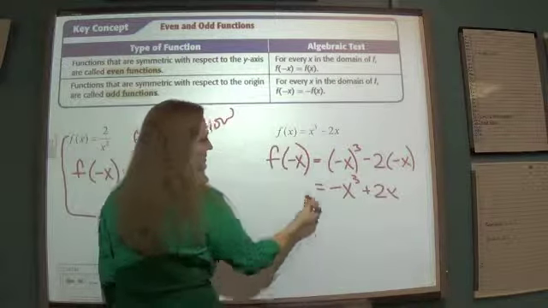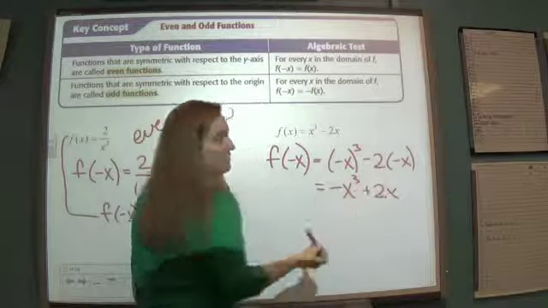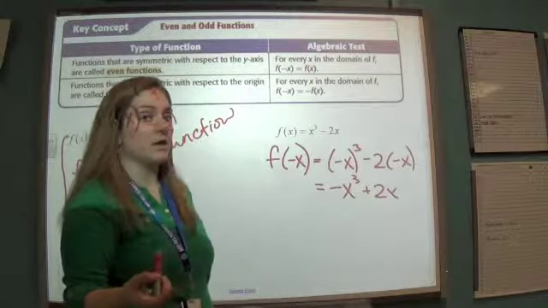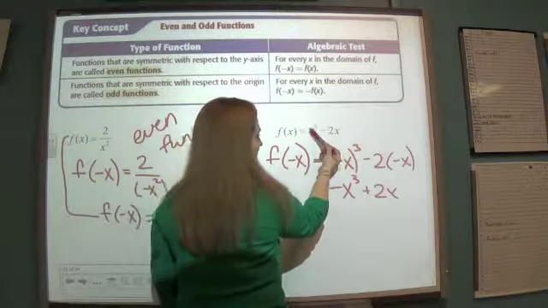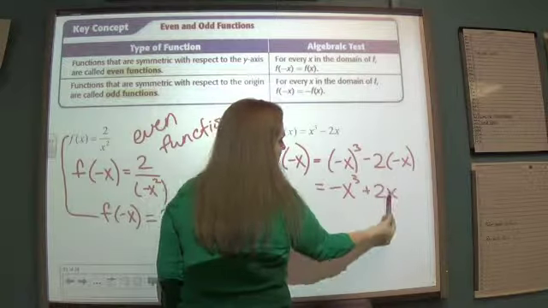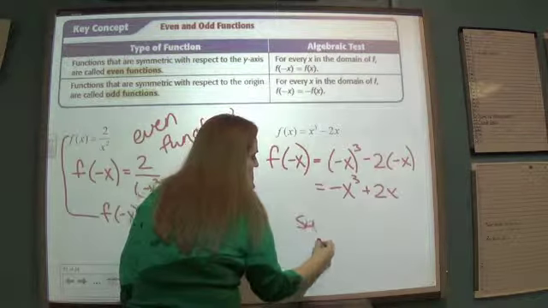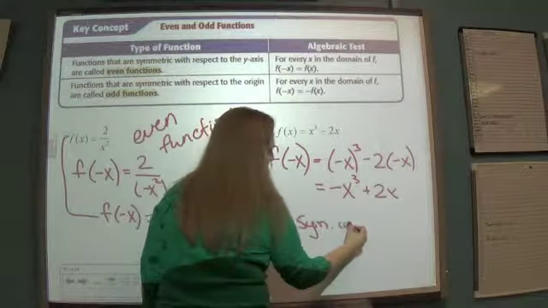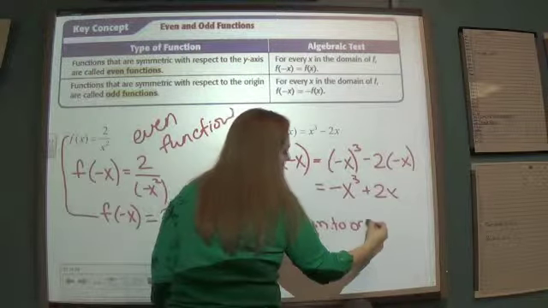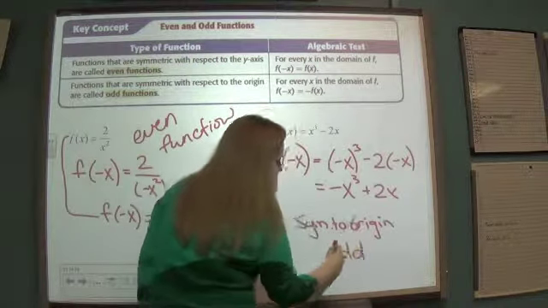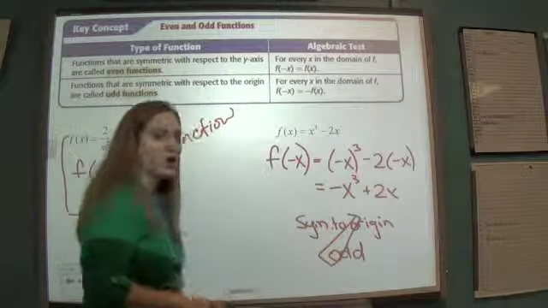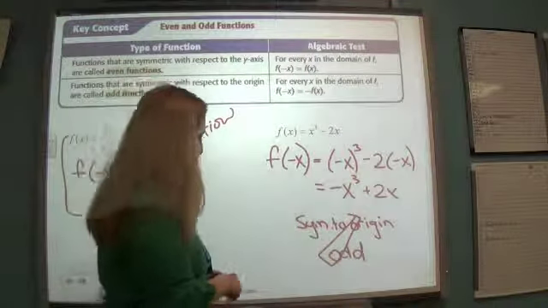So what happened is it's opposites, which is what symmetric to the origin was. Because it is opposites, positive, negative, negative, positive, it is symmetric to the origin, and therefore it is an odd function. That's an easy way to remember it: origin starts with O, odd starts with O.